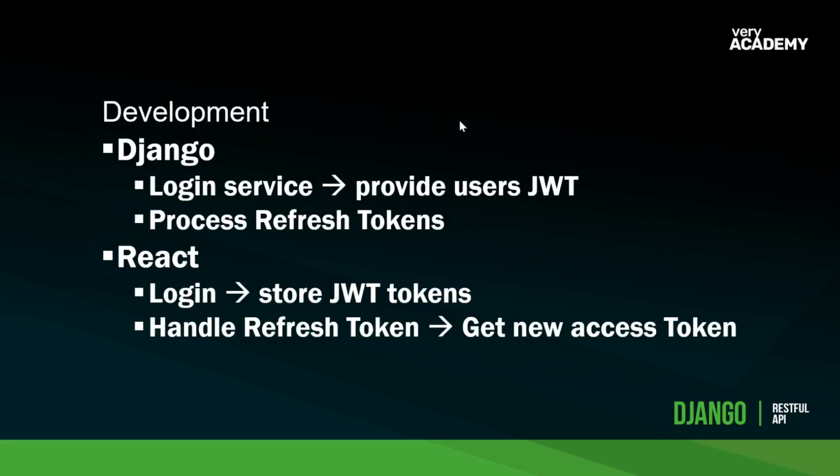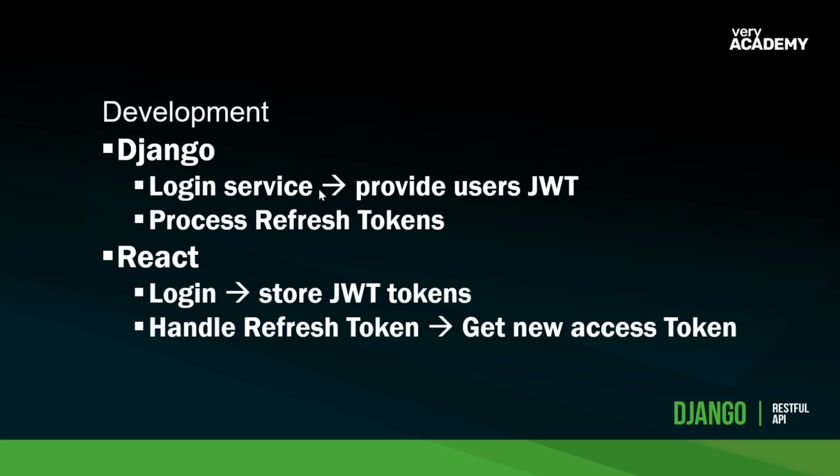Okay, so in short then, we need to enable JWT in Django, which is just a package we install. We're going to need to handle a login service in Django. Now this is completely separate from JWT. The login service is just a normal Django login facility, so we can develop it as such. Obviously we're utilizing a RESTful API, so we'll be expecting to see those requests from a client being sent across in JSON, for example.